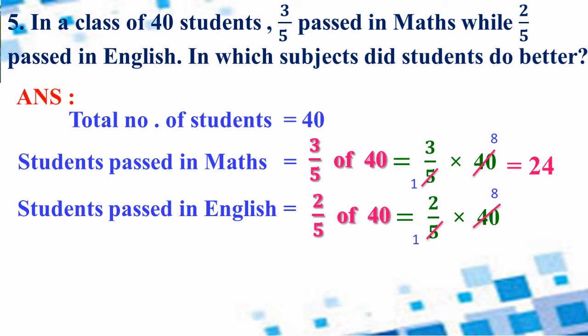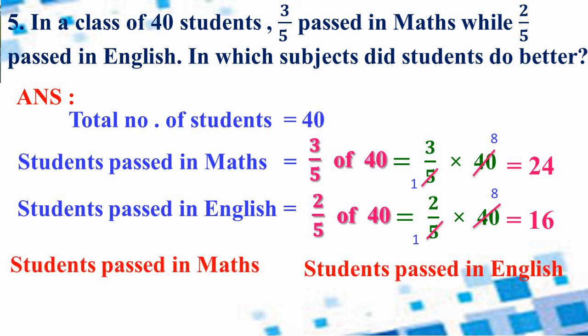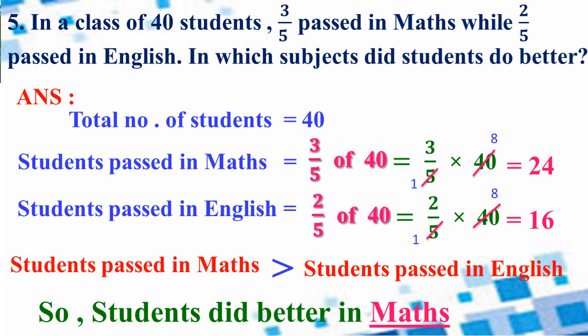So let us multiply 2 and 8. We get 16. We can clearly see students passed in maths is greater than students passed in English. So students did better in maths.